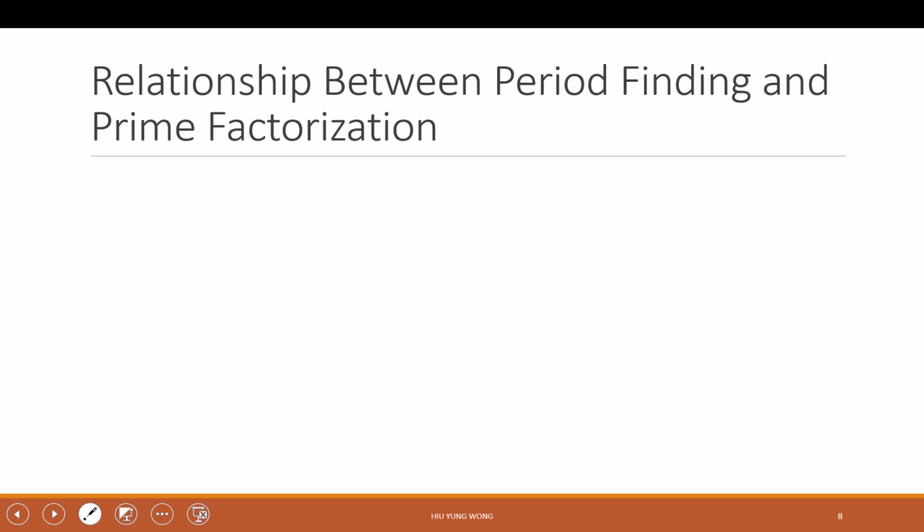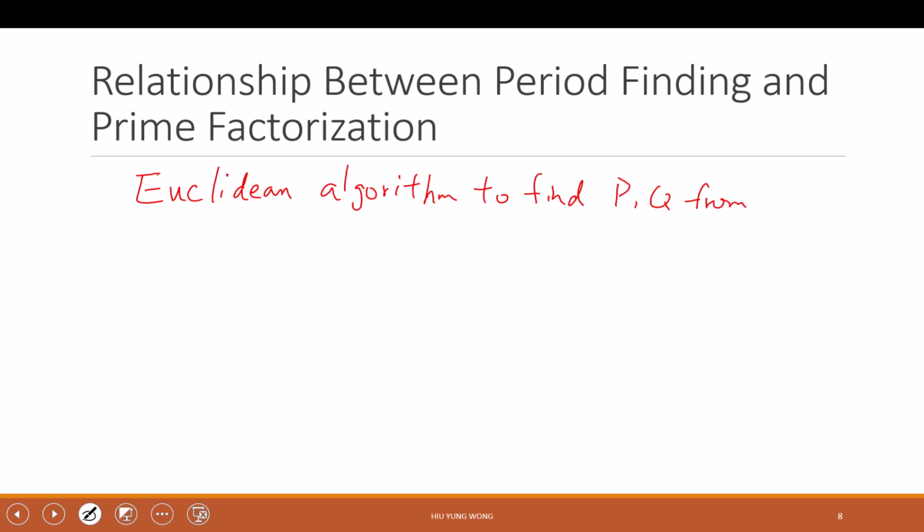Let me just summarize what I just said. First of all, Euclidean algorithm to find P, Q from given A, R, N is fast. Okay, so we don't need to worry about this part, right?